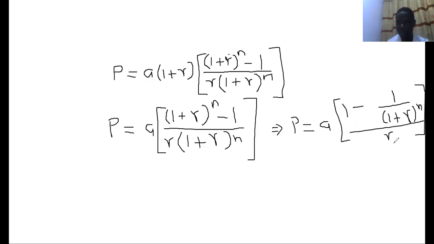Okay. It can also be written like this, P, and that is the one I like using.